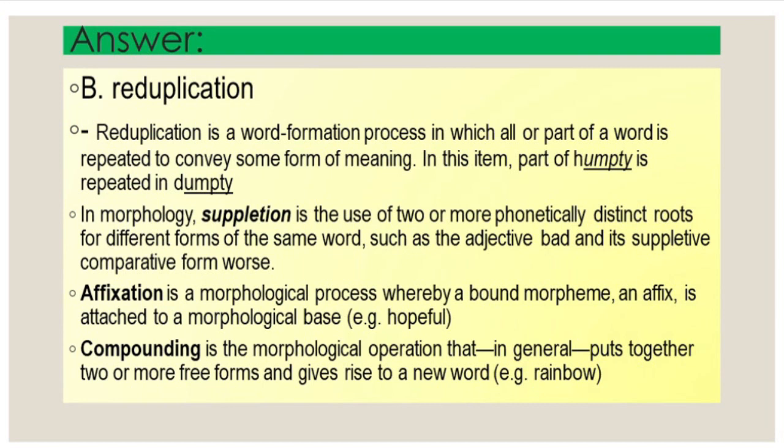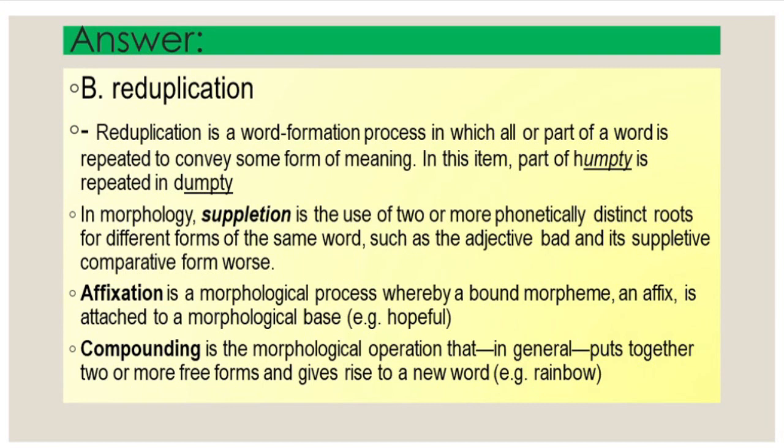In morphology, suppletion is the use of two or more phonetically distinct roots for different forms of the same word, such as the adjective bad and its suppletive comparative form worse. So bad and worse are actually good examples of suppletion. So from bad, it becomes worse.